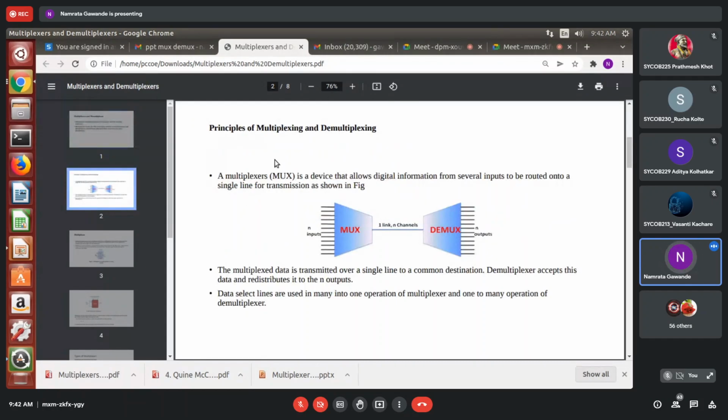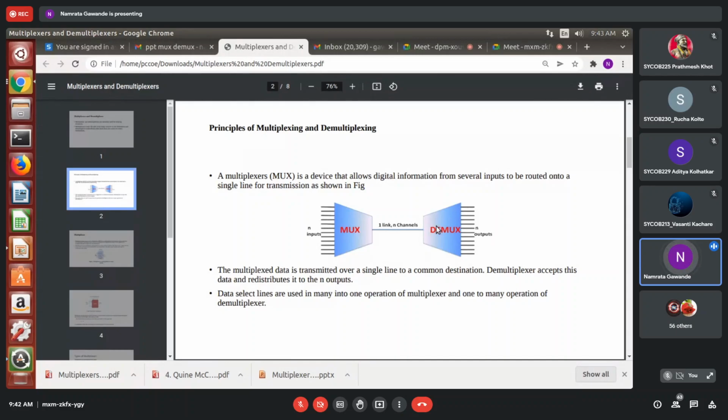So what is the principle of multiplexing and demultiplexing? A multiplexer, mux for short, is a device that allows digital information from several inputs to be routed onto a single line for transmission. In this diagram you can see a number of inputs, and one of the n inputs is selected by the data selector and received as output, passing through this channel.